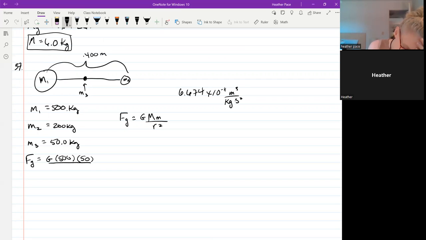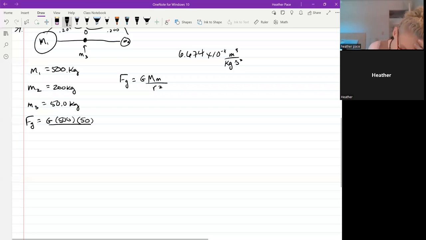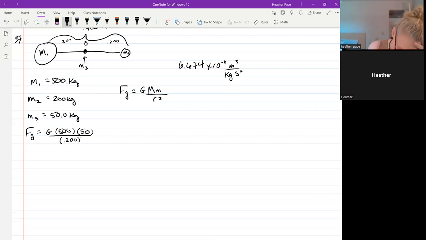Right in the center, if we call this our origin, this then is going to be r over 2, and this is going to be r over 2. So our distance between them is going to be r over 2 squared.